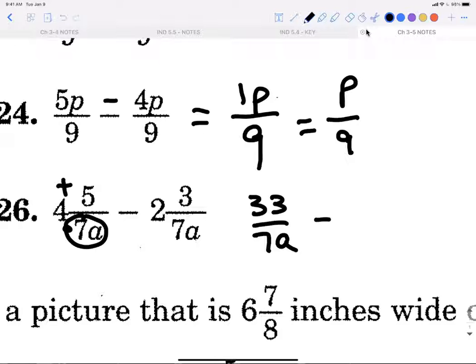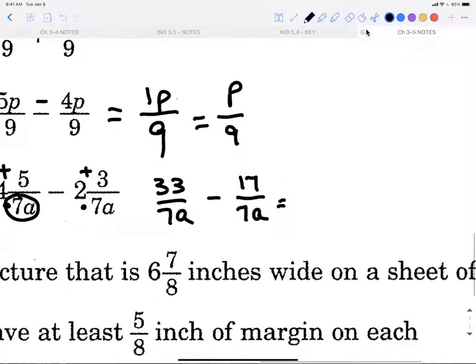Minus 7 times 2 is 14. Plus 3 is 17. Keep the 7a. And now we're good. We have like denominators. So we keep the same denominator. And 33 minus 17. I should be able to do that in my head, but I don't.